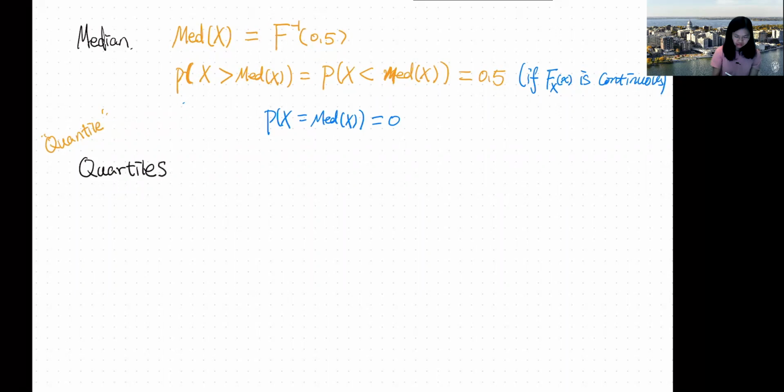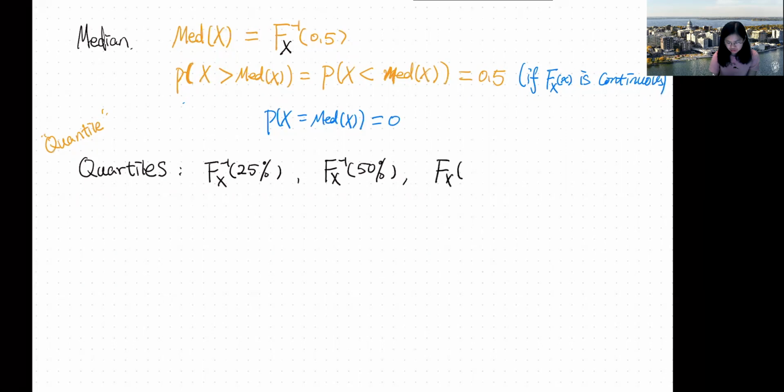There are 3 quartiles. The 3 quartiles are the 25% quantile, the median, which is the 50% quantile, and the 75% quantile.